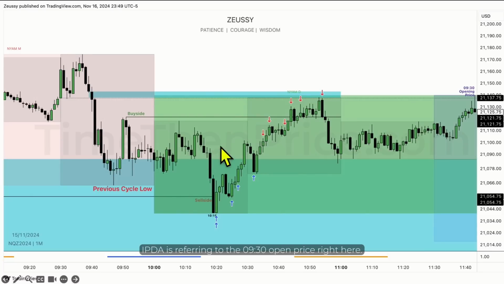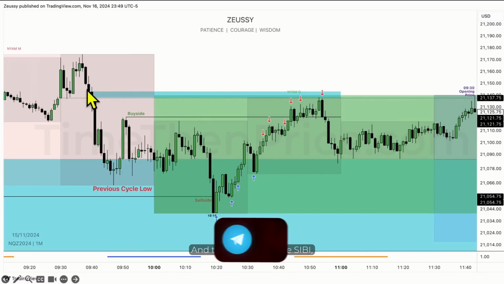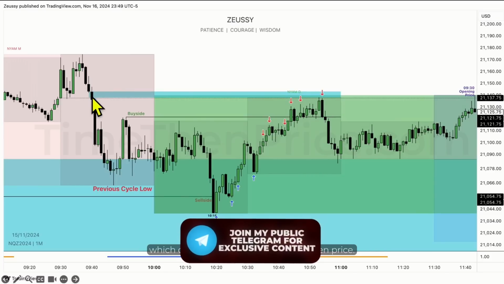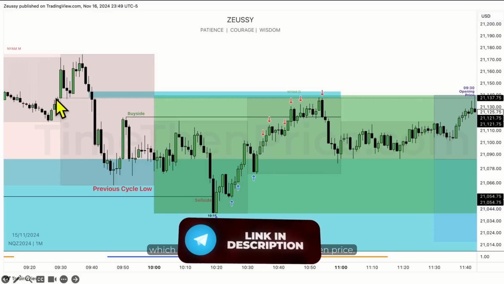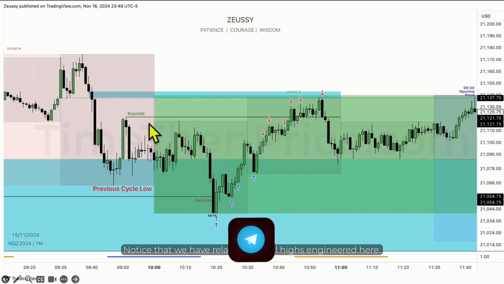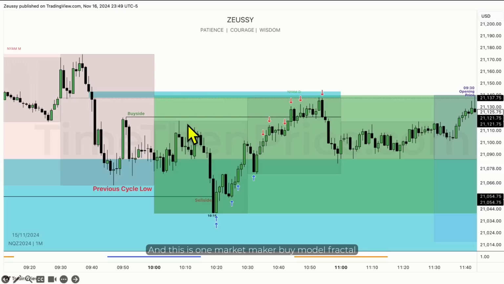IPDA is referring to the 9:30 open price right here and to this 1 minute FVG, which displaced through that 9:30 open price. Notice that we have relative equal highs engineered here, and this is one market maker buy model fractal with an original consolidation up here, smart money reversal at 50% of that RBC, and the right side of the curve delivering right here.